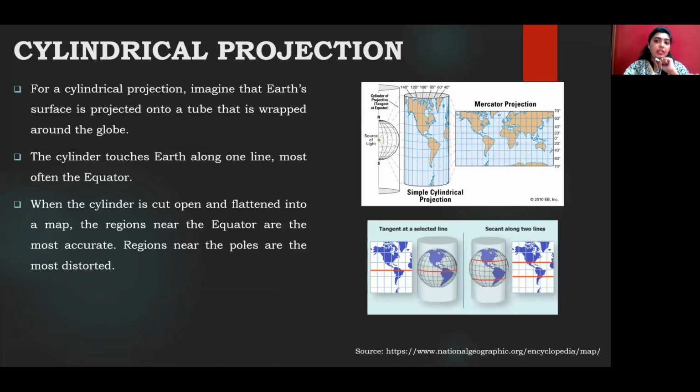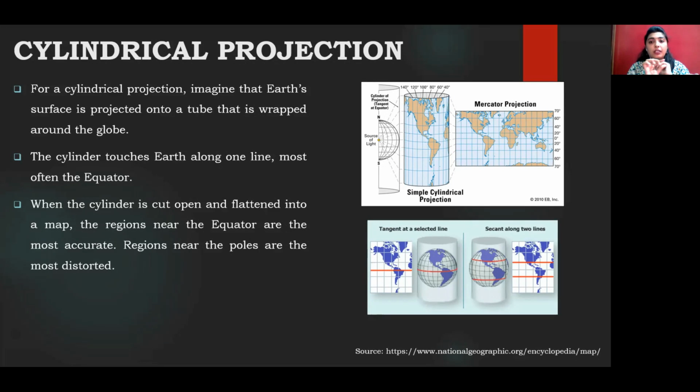For the cylindrical projection, imagine you fold paper in the form of a cylinder and put that on the globe. The globe comes in the center, so all that mid part which is touching the paper will be properly represented.